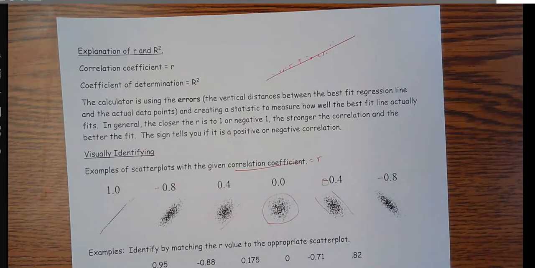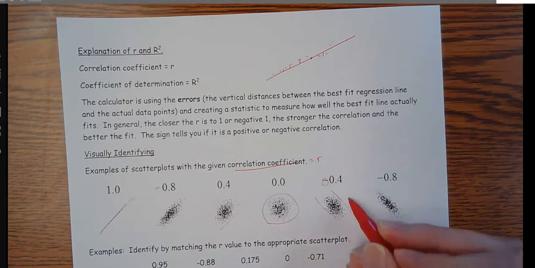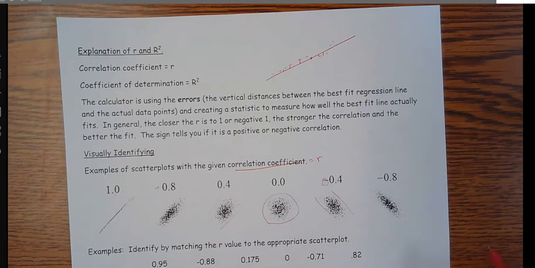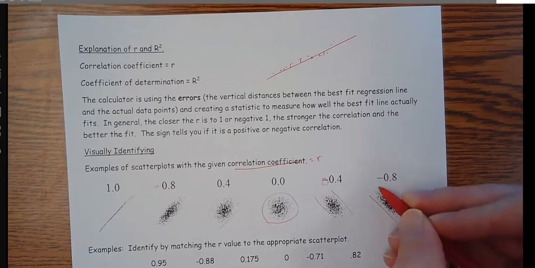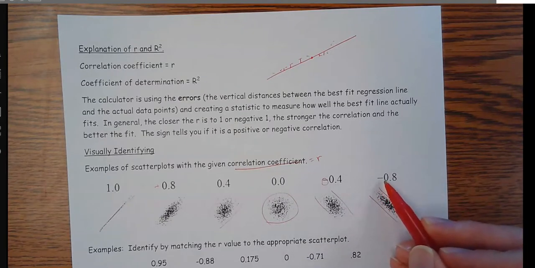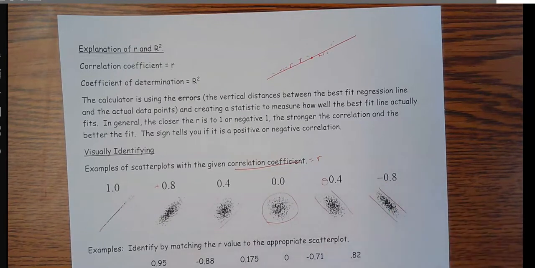It's just as strong of a correlation, but the direction is as X increases, Y is decreasing. And this last guy over here is getting stronger, but it's negative. So negative doesn't mean bad, it just tells you basically what direction, what's the slope of the trend that's going on here.